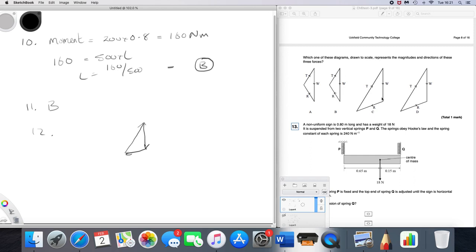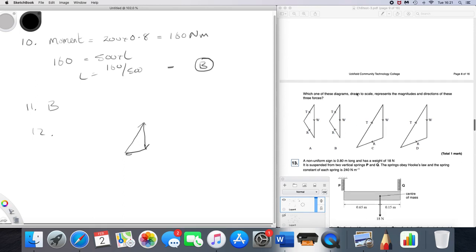So we need a way of deciding whether T is bigger or smaller than W, right? In other words, is W the hypotenuse or is T the hypotenuse?